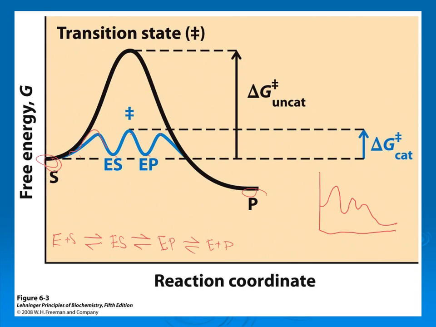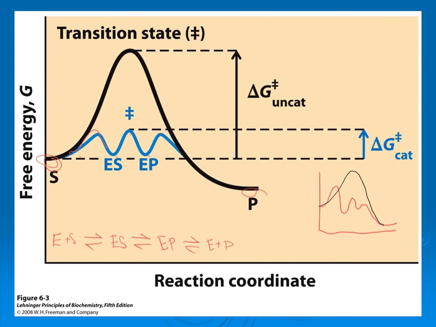You always have transition states between each step, and you always have a minimum for whatever the product is for each step. Here, the way I have it drawn, the ES complex is actually lower in energy than the EP complex. But in the uncatalyzed case, it could have looked something like this.